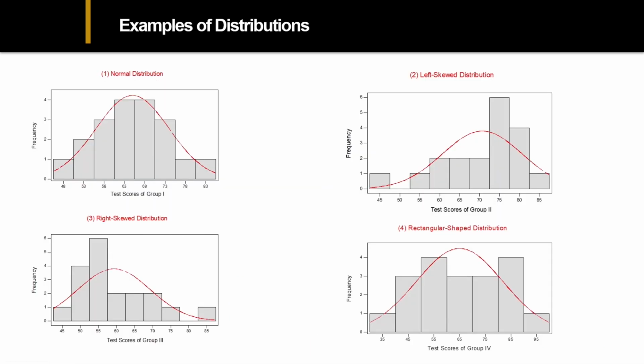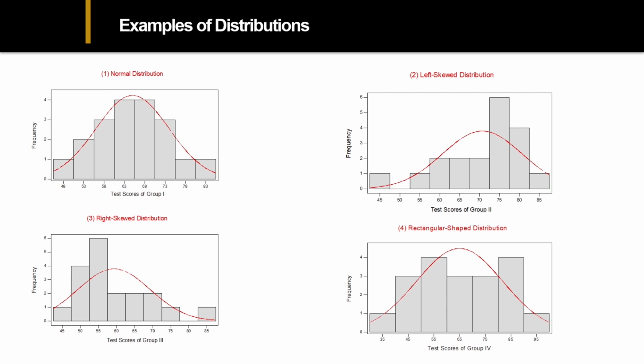So here are some different examples of distributions. A large sample size and a histogram that looked like this, you can see that has all the indications of a normal distribution for number 1. We had a left skewed distribution, so something that certainly is not normal, number 2. You see a peak all the way on the far right, but then we have some outliers on the left kind of dragging that mean down away from the median.